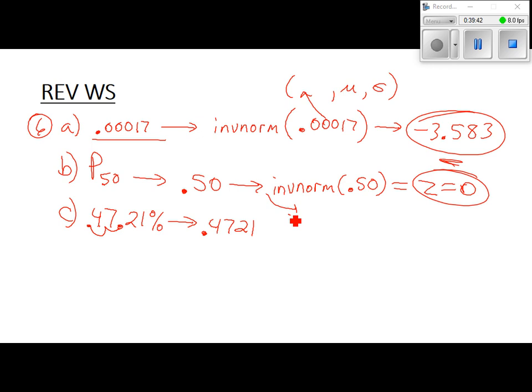What's that give us? 0.0699. And you're off a little for some reason. Negative. Oh, yeah. So that's our z-score.